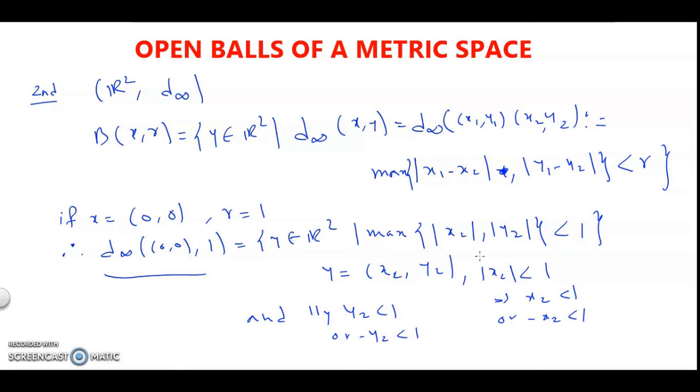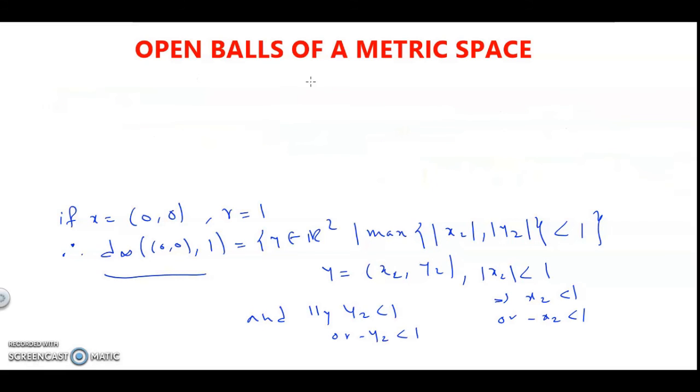You can understand this. Okay, so let us visualize this in the figure. If this is our center, that is (0, 0), how will this open ball look? Just after opening the bracket, we write the equations we got. So x2 is less than 1, that will be this line, suppose this one is 1.